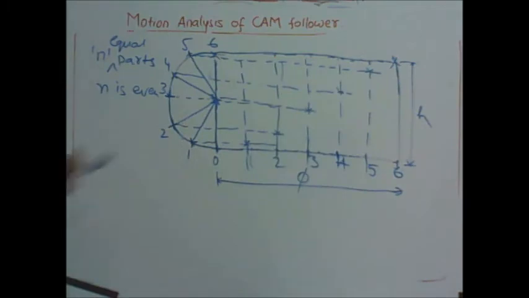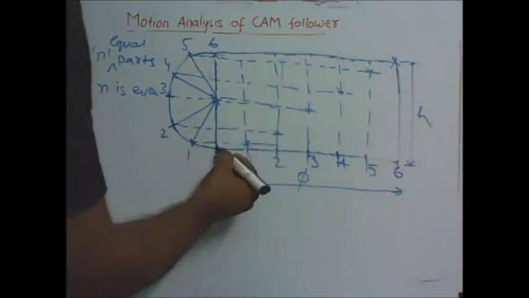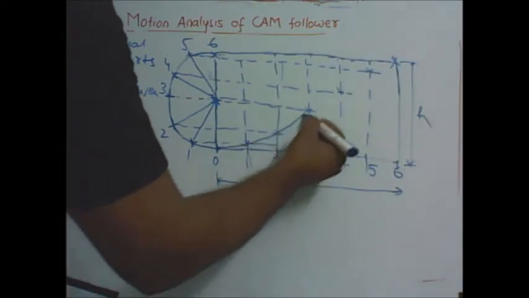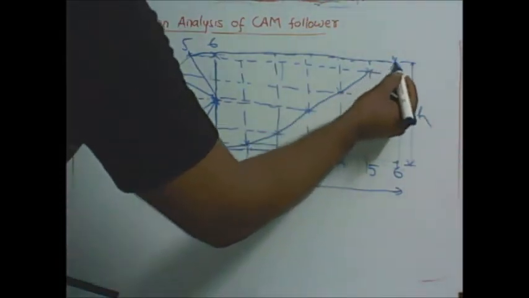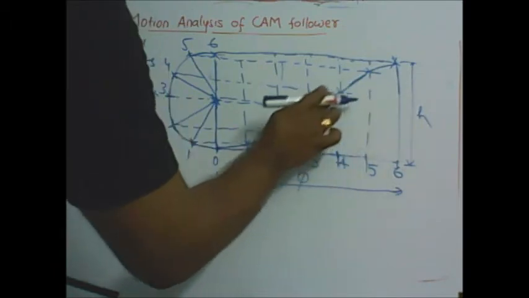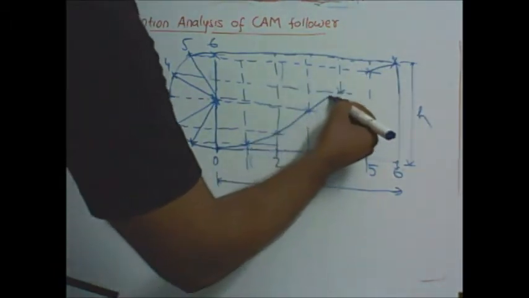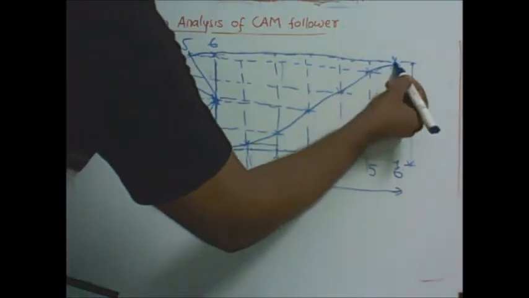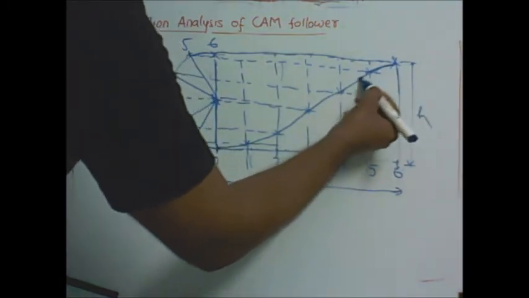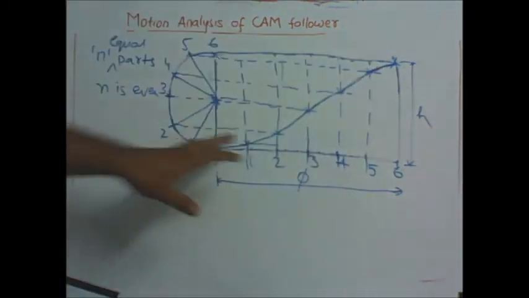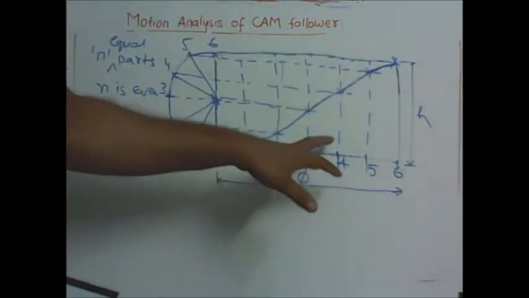Now join these by a smooth curve. So this will become a simple harmonic curve for one part.